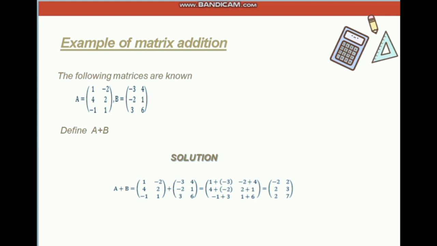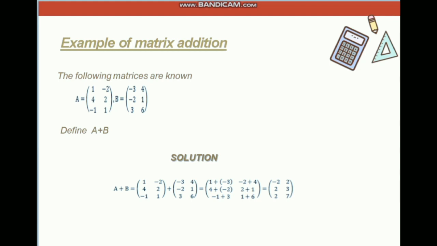Example of matrix addition. The following matrices are matrix A and matrix B. Determine A plus B. Solution. For the completion, the value in matrix A of the first row, first column is added with matrix B of the first row, first column.